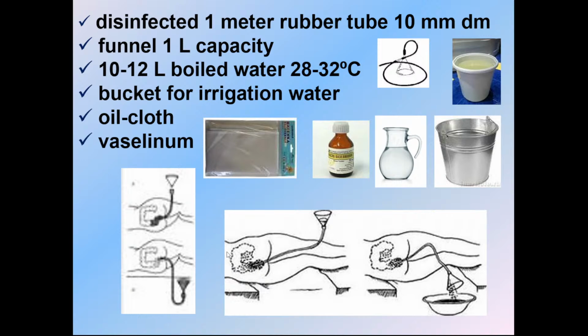Then we'll carefully move the funnel downward and remove the content of the intestine into the basin, and repeat this procedure until the water is clean, that is, until the water which is removed is the same as that which was introduced.